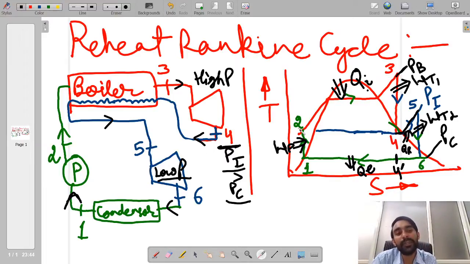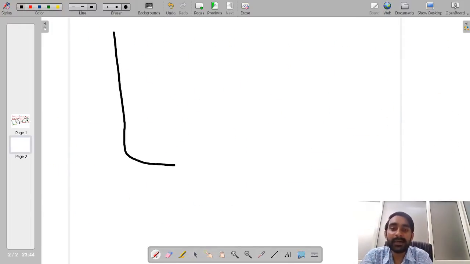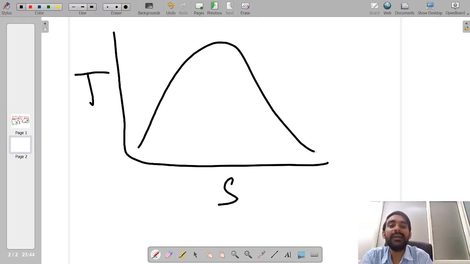That's why, overall, if we consider the efficiency in relation to the heat addition at high pressure, there will be a slight fall in efficiency. Okay, so this slight fall in efficiency can be improved by doing the reheating in some ideal fashion, as I will be representing on this TS diagram.